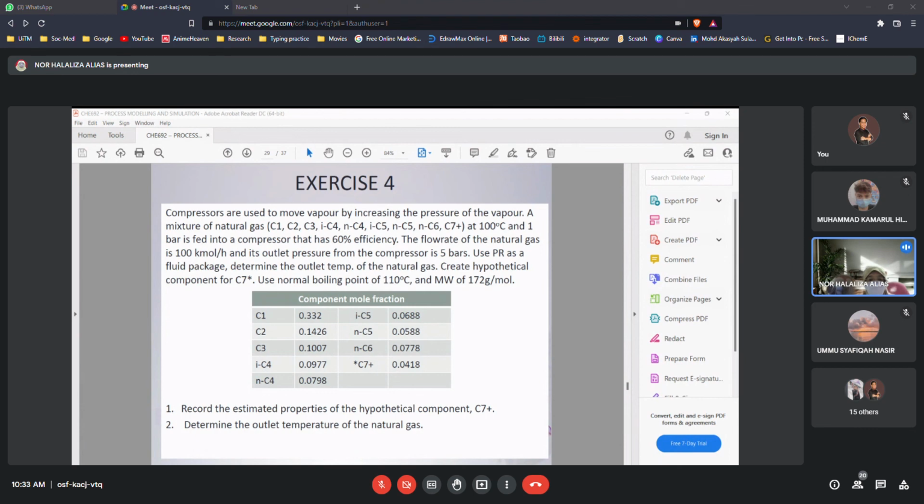You are given flow rate 100 kmol per hour, molar flow rate and P out of the compressor is 5 bar. Again, use PR, Peng Robinson as the fluid package, determine what is the T out. Okay, create hypothetical component. Yang create tu nanti dulu.